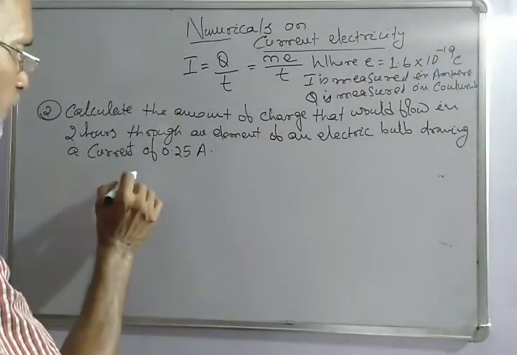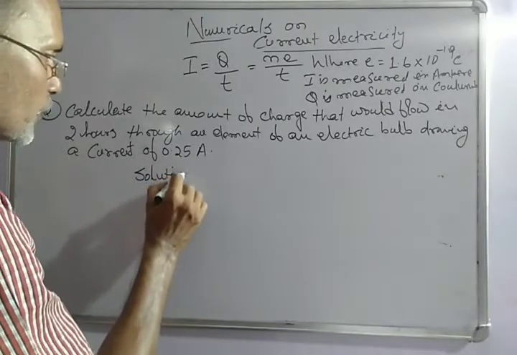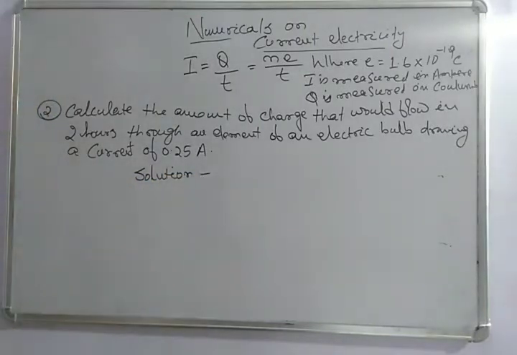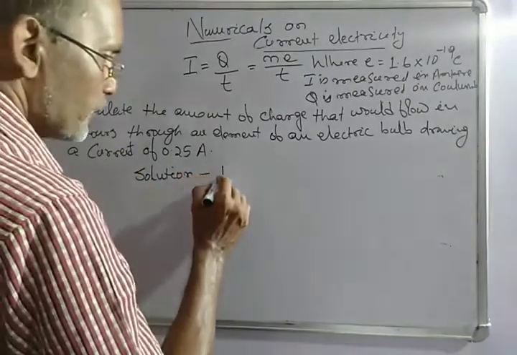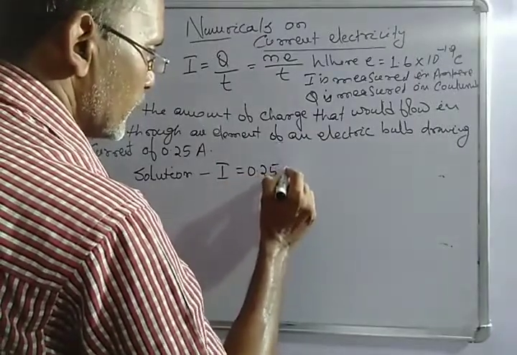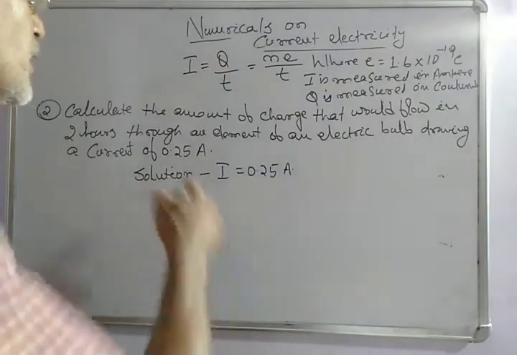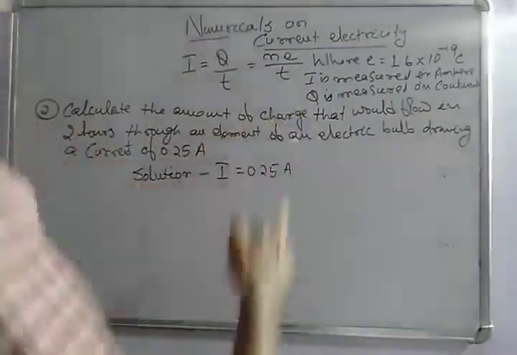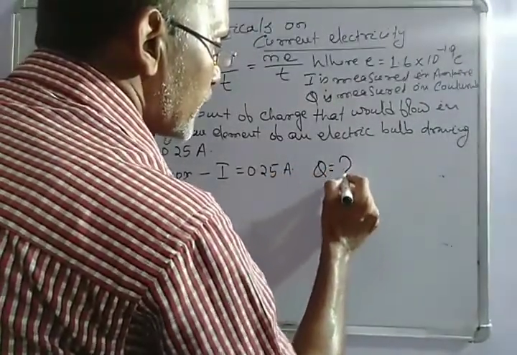So for the solution, see here, current is given here, I is equal to 0.25 ampere. And then see here, calculate the charge. Charge has been asked. That means Q has been asked here.